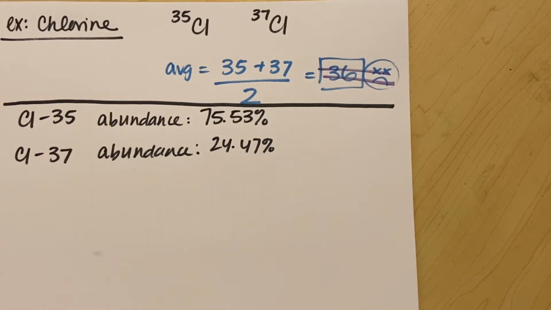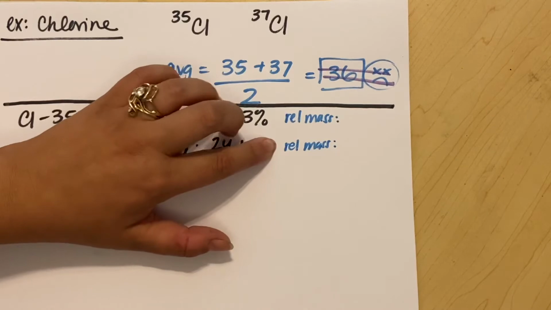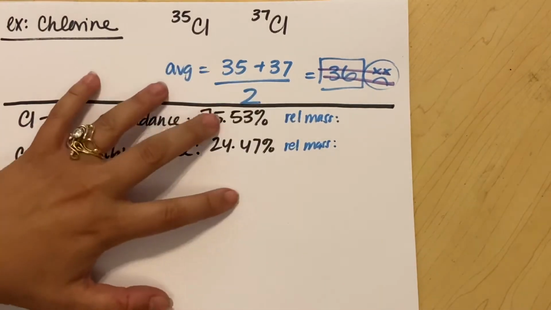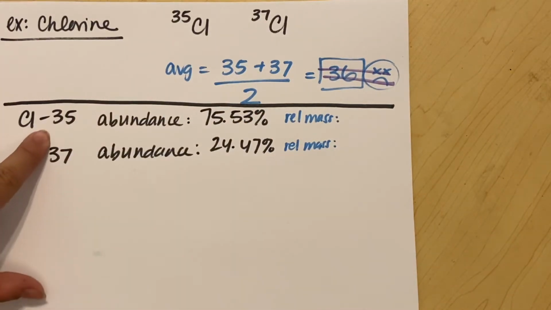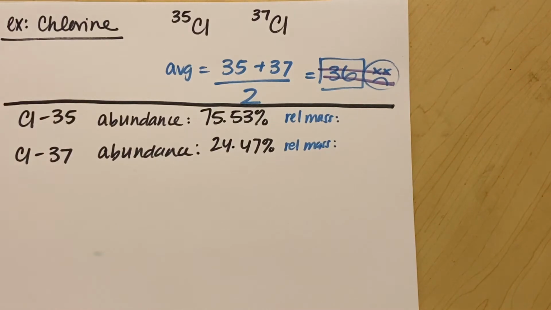All right, and then you also get a thing called relative mass. We don't need to necessarily figure out how to calculate this. It will just be given to you in any problem that you have trying to calculate average atomic mass. You're not going to get an exact mass of chlorine 35 being 35.00000 and on forever and ever. You're going to have a relative mass, so it's going to have a decimal point, it's going to be rounded.